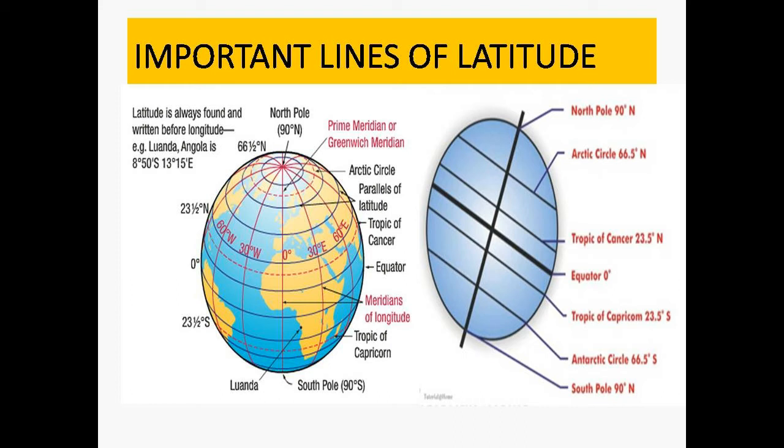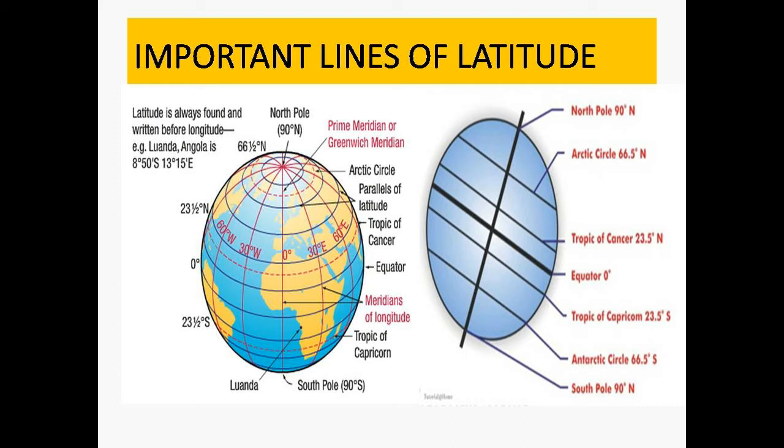It is the northernmost limit to which the direct rays of the sun are received. Then the next one is Tropic of Capricorn at 23.5 degree south, located south of the equator. It is the southernmost limit to which the direct rays of the sun are received. The Arctic Circle at 66.5 degree lies to the north of the Tropic of Cancer.